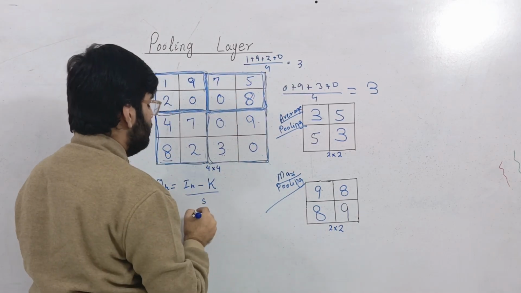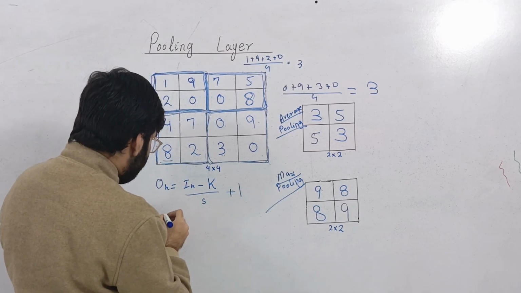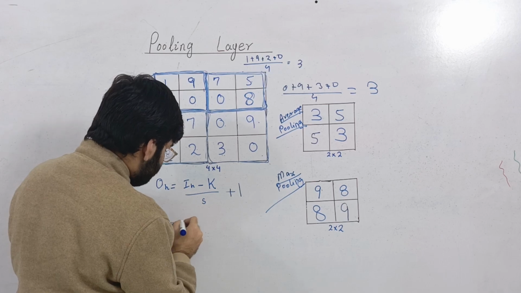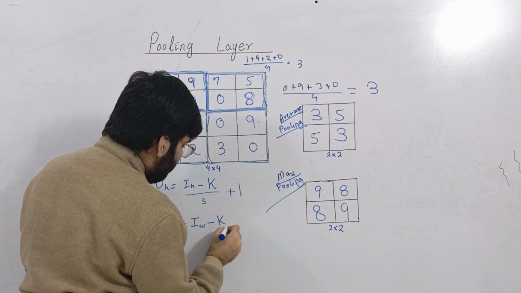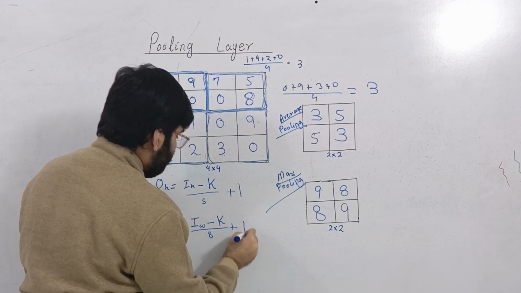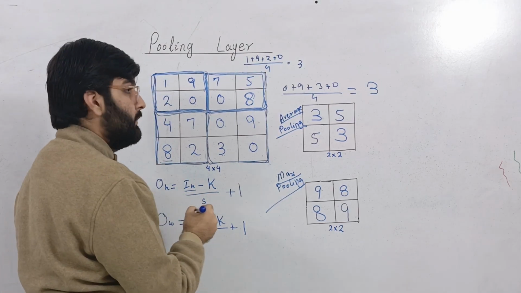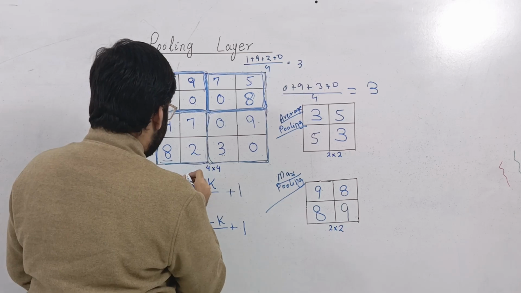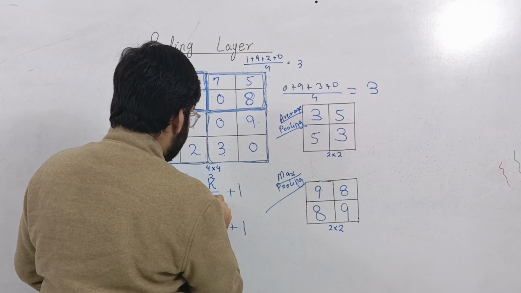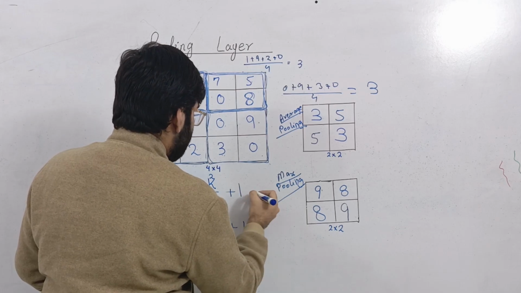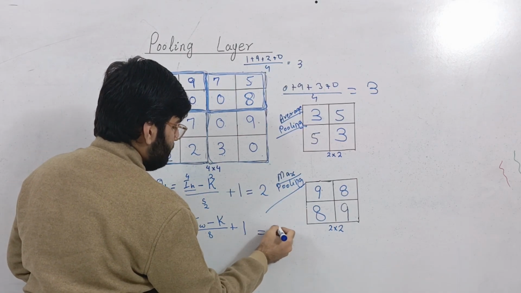So the stride was 2 and finally we add a 1. The same goes for the width: the width of the input minus the kernel divided by the stride plus 1. If we plug in the values here, that is, the height of the input is 4, the kernel is 2 by 2, so we place a 2, the stride is 2, we must get a 2. Similarly, we must get a 2 here.